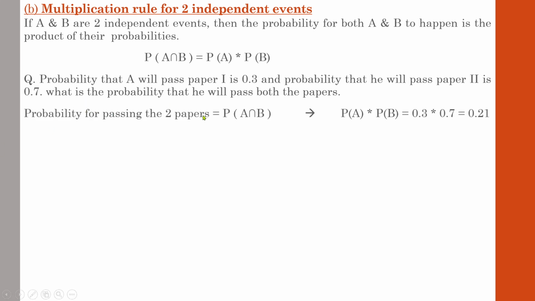Probability of passing the two papers is probability of A intersection B, equal to probability of A into probability of B. You will get 0.21. So it's very easy to identify. The only thing is that you need to identify whether it is an addition case or a multiplication case.